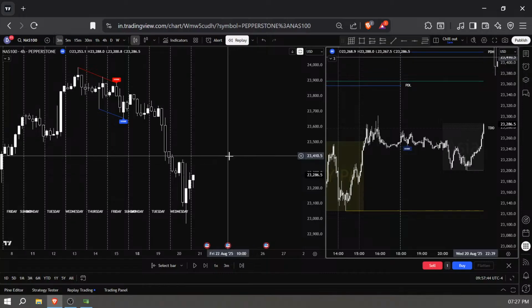So the entry criteria will be market should sweep a liquidity, and or it should trade in a higher time frame PD array such as order block, FVG, or breaker block kind of stuff. Once market taps that, in lower time frame, which is 3 minutes, we will derive bias from the higher time frame.